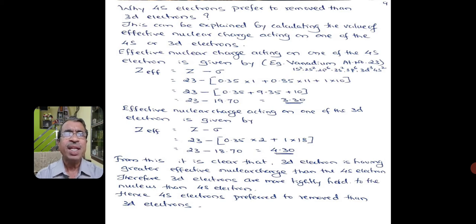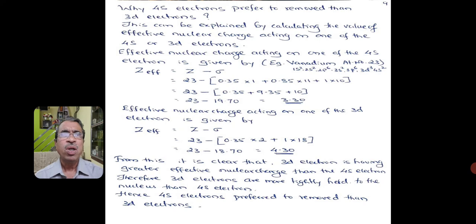From this, it is clear that the 3d electron has a greater effective nuclear charge than the 4s electron. Therefore, 3d electrons are more tightly held by the nucleus than the 4s electron. Hence, 4s electrons are preferentially removed before 3d.